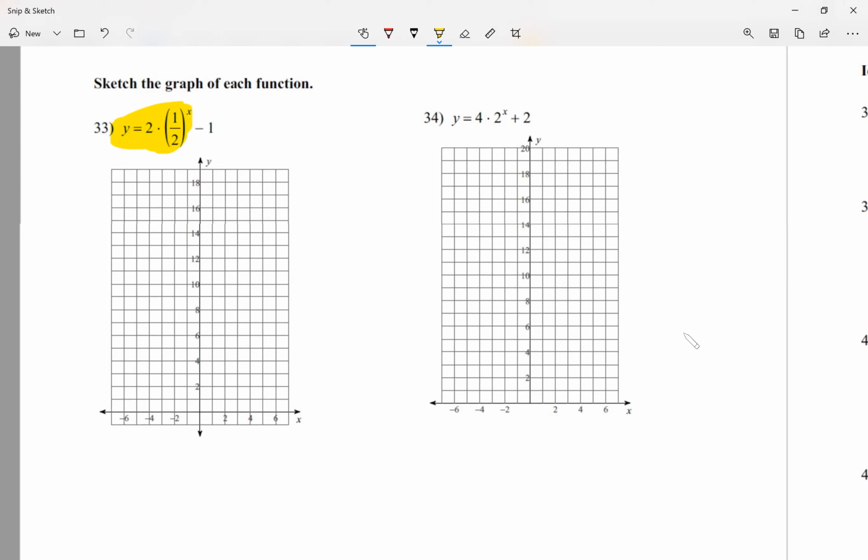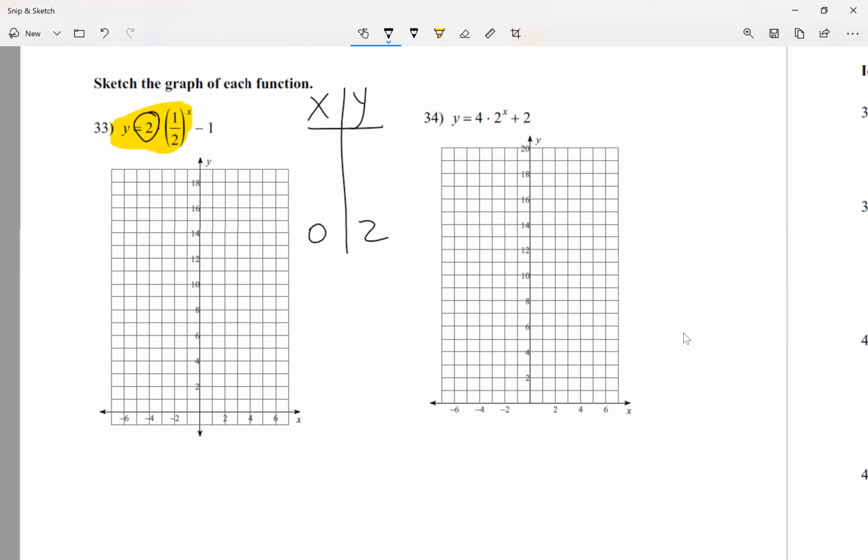So let me think of that. Let me do a chart. When x equals 0, y is 2. Right? That's always that number by itself at the very beginning. When x equals 0, y is 2.